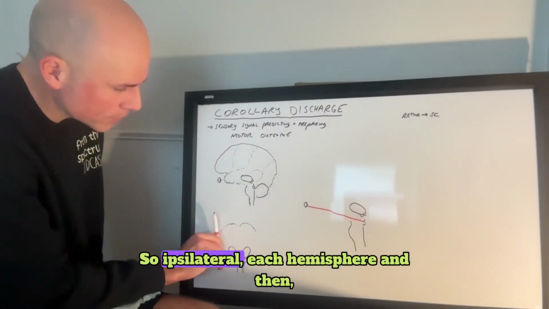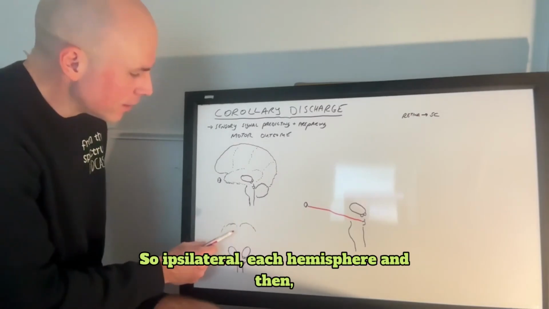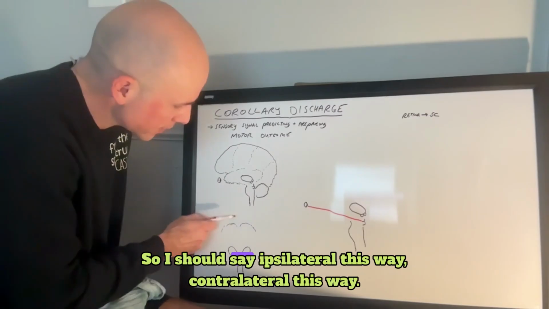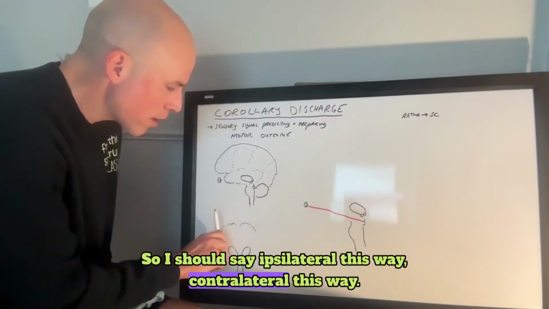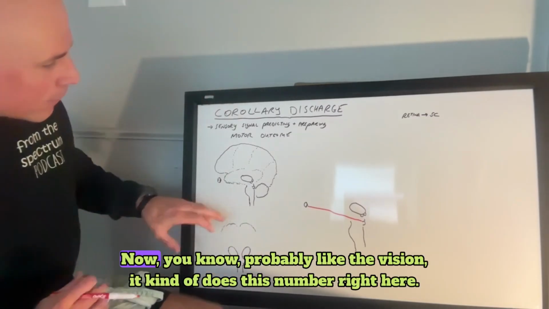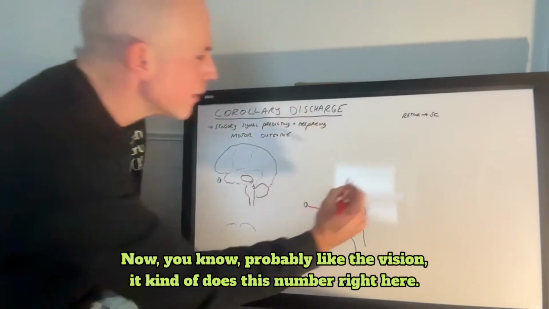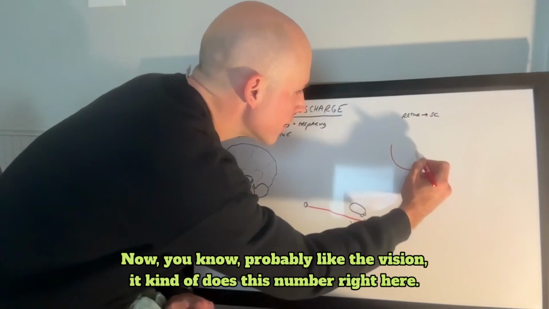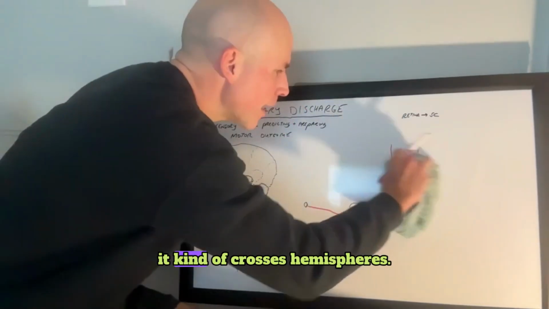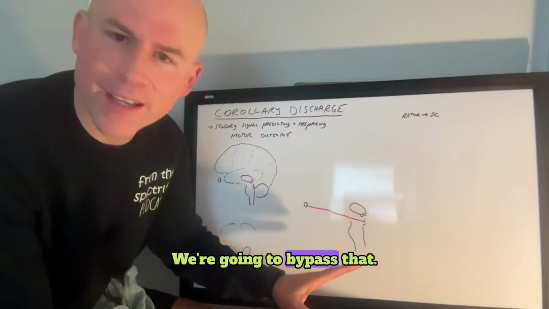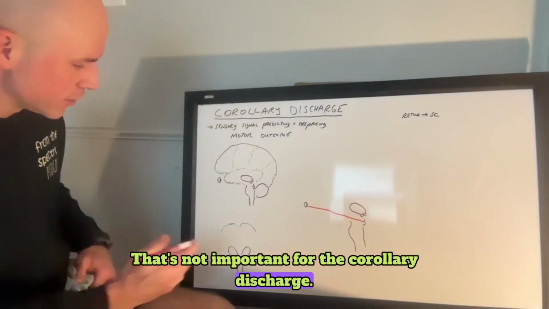So ipsilateral, each hemisphere, and then contralateral, or both hemispheres. Okay, so I should say ipsilateral this way, contralateral this way. Now, probably like the vision, it kind of does this number right here. It kind of crosses hemispheres. We're going to bypass that. That's not important for the corollary discharge.